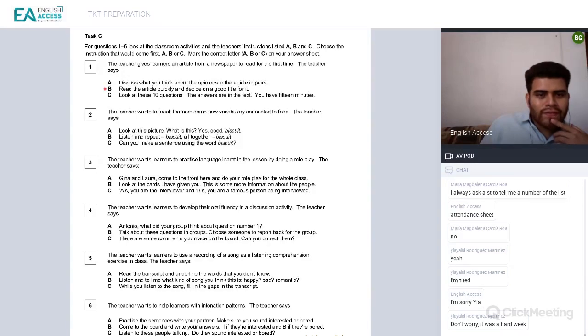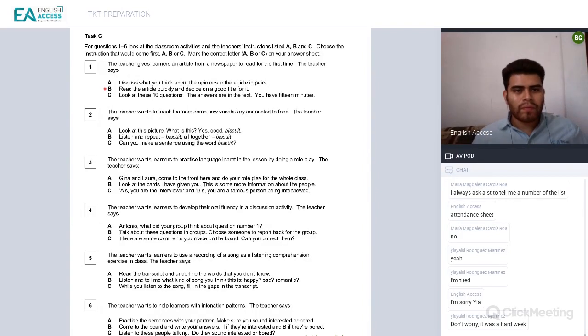Yes, first. What subskill is that? Skimming. And remember, skimming is usually one of those activities that goes first. Okay, very good.